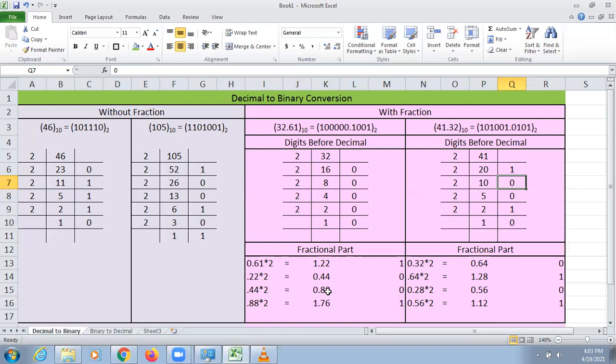So you have to keep on doing this till you get the same number from where you have started, or you are getting 0 in the answer, or you can stop after 3-4 places or 4 to 5 places, right?